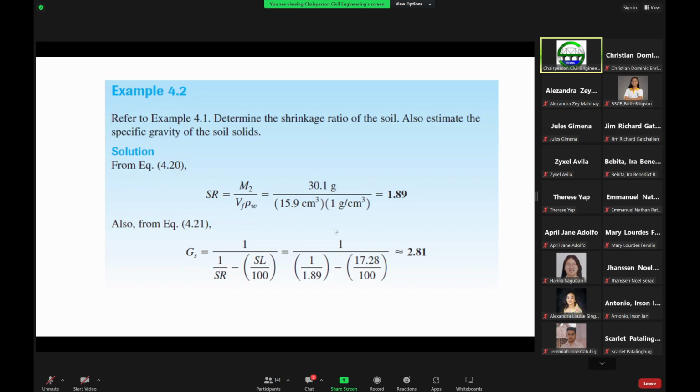We substitute the values and get a value of 1.89. The units will cancel out, grams and grams, cubic centimeters and cubic centimeters, so the shrinkage ratio is unitless.